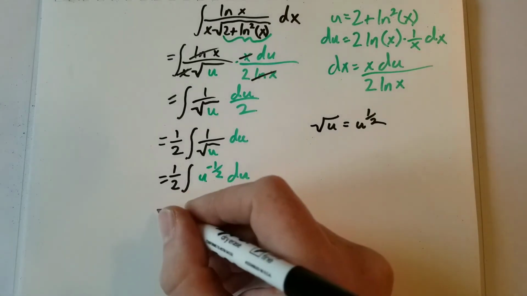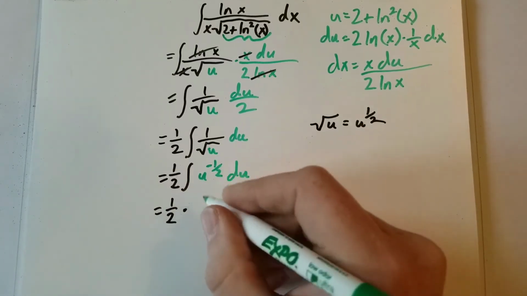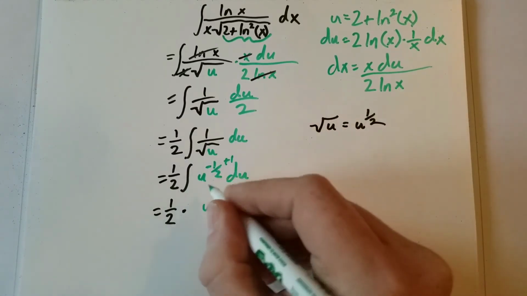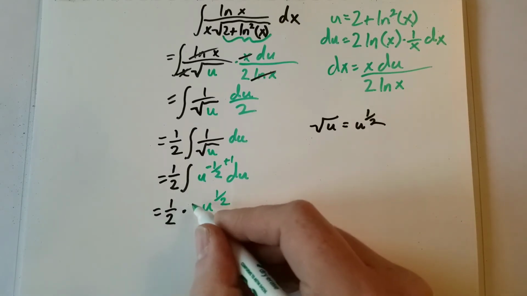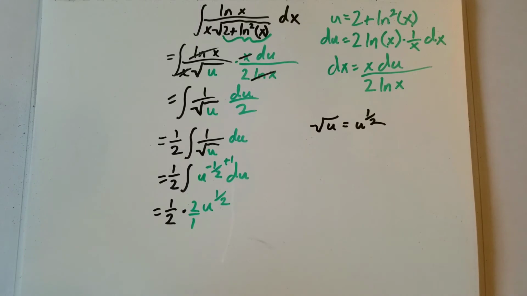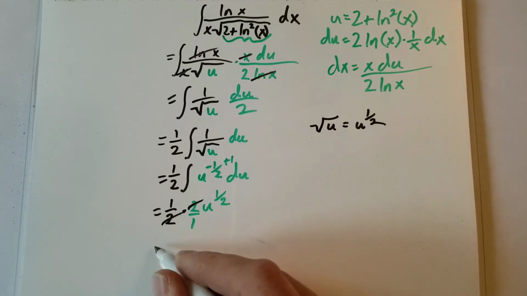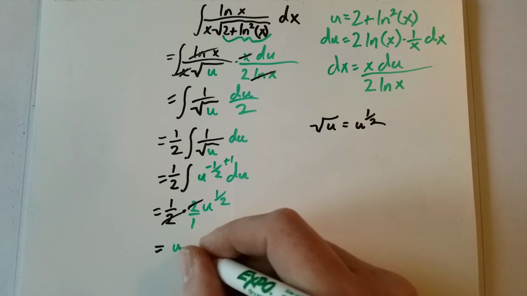So we've got 1/2 times u to the, well, we add 1 here, so we get 1/2, and then we take the reciprocal of that and put it out front, so we've got 2 over 1, like that. And now we've got this that cancels, so this becomes 1 out front, so we're left with u to the 1/2.